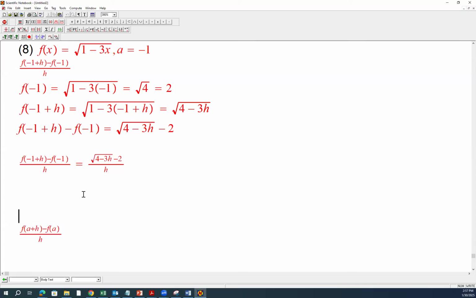Well, we know the common technique for this, which is rationalizing the numerator, right? We're going to find the conjugate of the numerator. This piece is becoming +2.